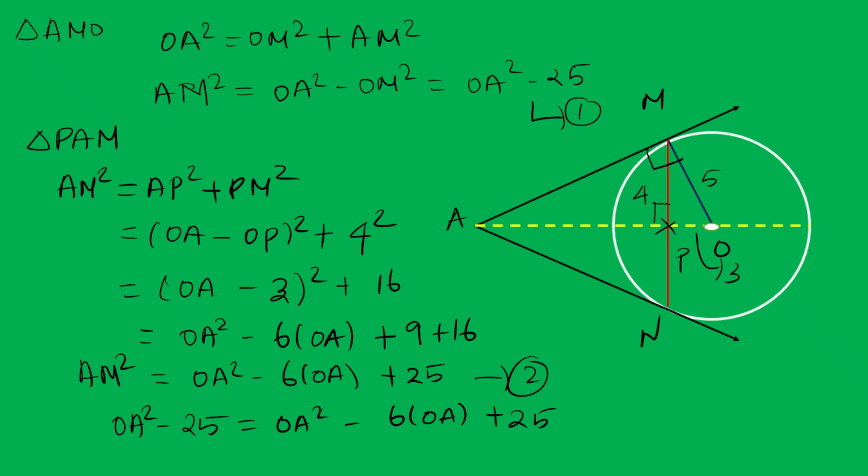So we can strike out this OA square on both sides, which makes 6 times OA equal to 50. And OA is equal to 50 by 6. When we simplify, we get 25 by 3. So now we know the length of OA.